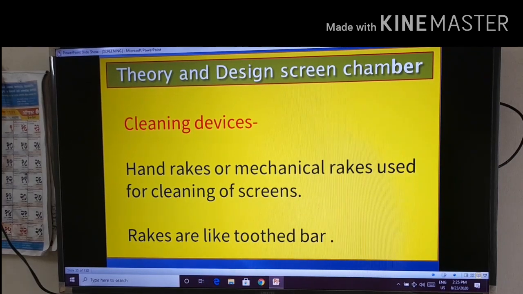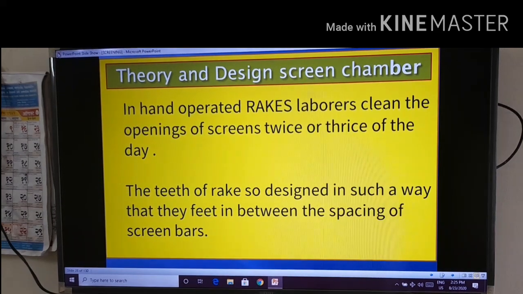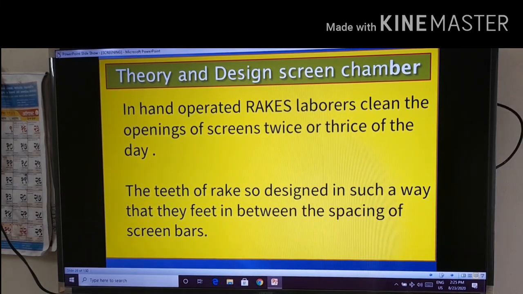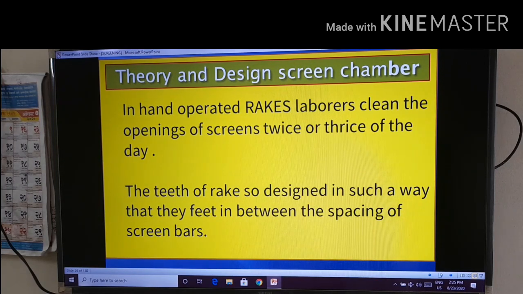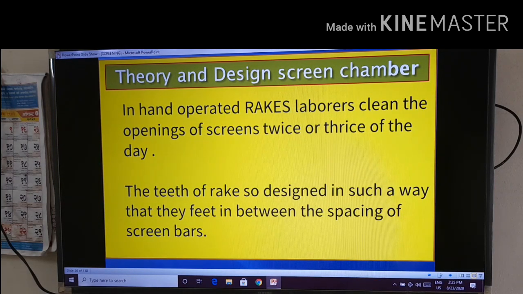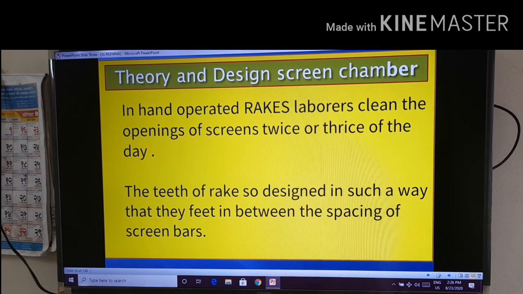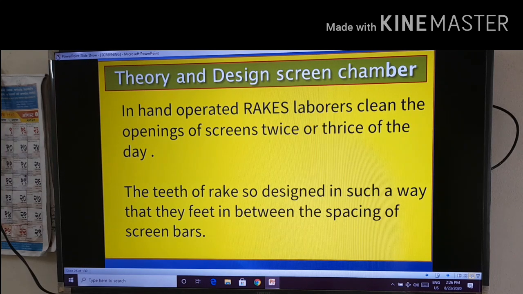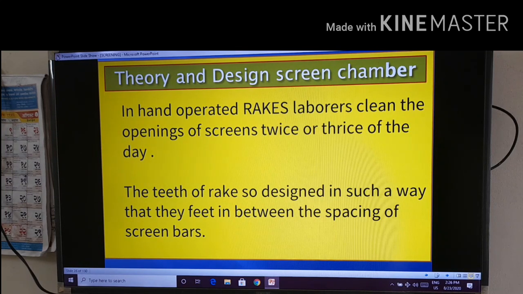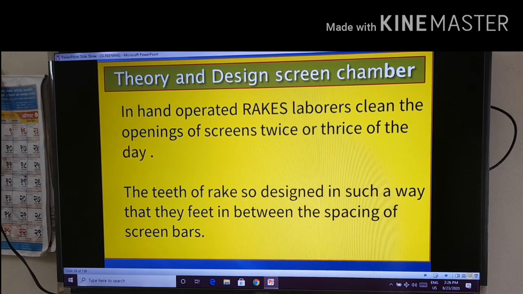The rakes are like toothed bars. In hand-operated rakes, laborers clean the openings of screens twice or thrice a day. The teeth of the rake are designed in such a way that they fit in between the spacing of the screen bars.